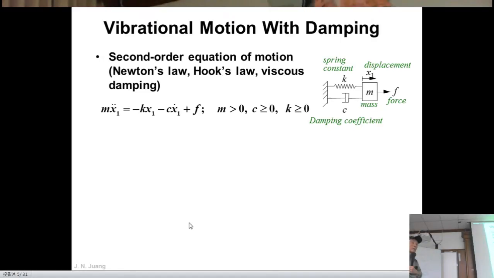It's m x1 double dot equal to minus k x1 minus c x1 dot plus f. Oh, I forgot one important comment here. m must be larger than 0. c, the damping coefficient, must be larger than or equal to 0. k, the stiffness constant, must also be larger than or equal to 0.